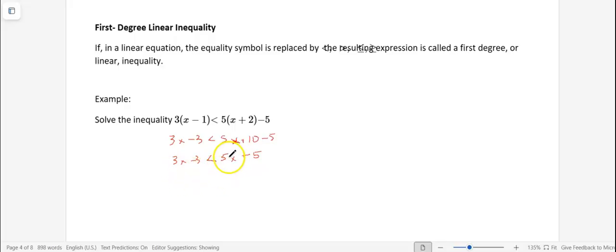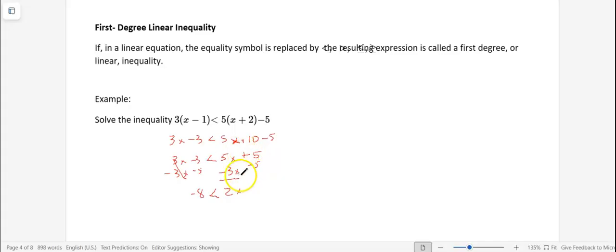I am going to get my x's over here because I like keeping my x's positive, and 3 is less than 5. So if I subtract 3x from both sides, I'm left with 2x here. Then I get this 5 over here. I'm going to subtract 5 from both sides, and I'm left with negative 8. So I keep my inequality the same.